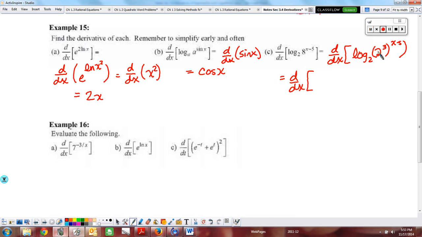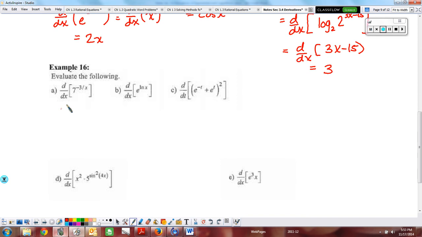You multiply your exponents here, so I would have log base 2 of 2 to the 3x minus 15. And then the log base 2 and exponential 2 will cancel, so I'm really taking the derivative with respect to x of 3x minus 15. So my final answer is 3. So simplify early and simplify often.